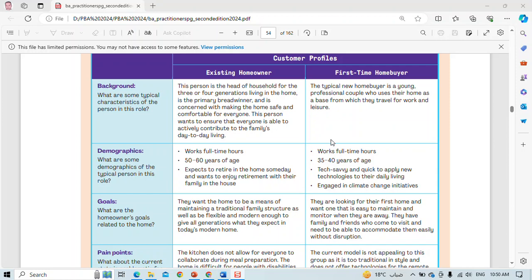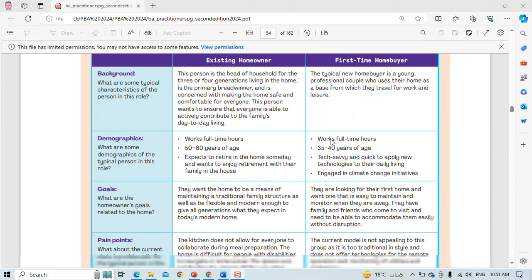The first-time home buyers work full-time, but their age is between 35 and 40. So they can use new technology for their daily living, and are engaged in climate change initiatives.